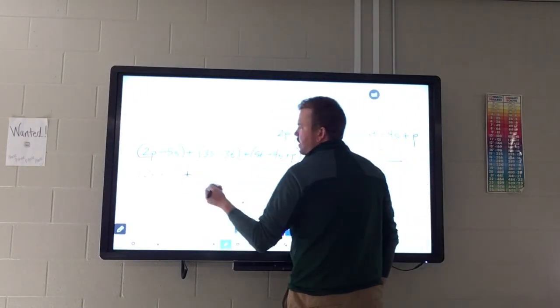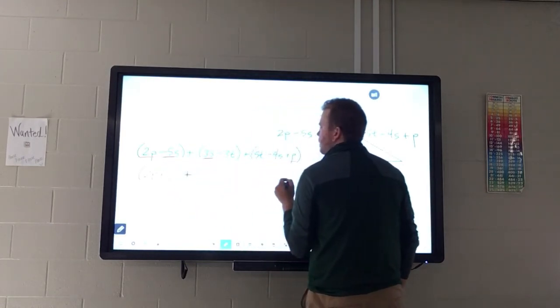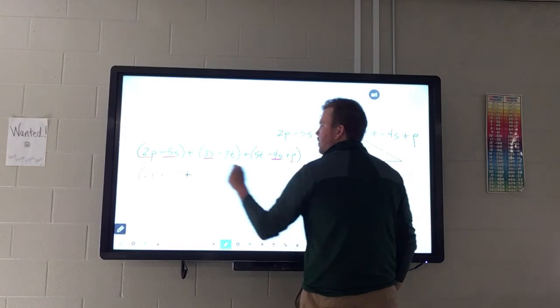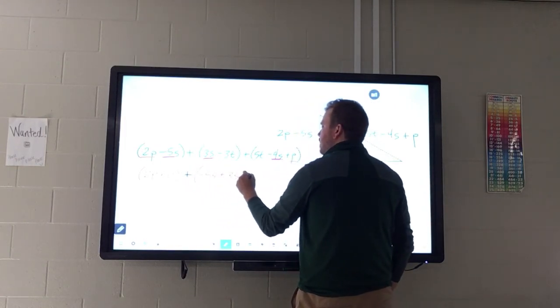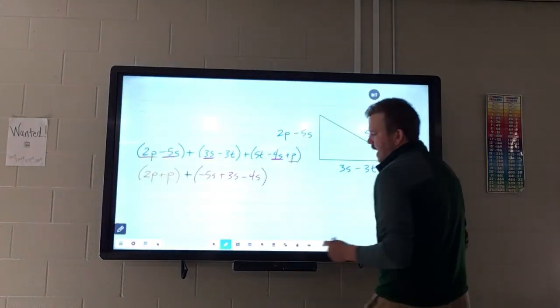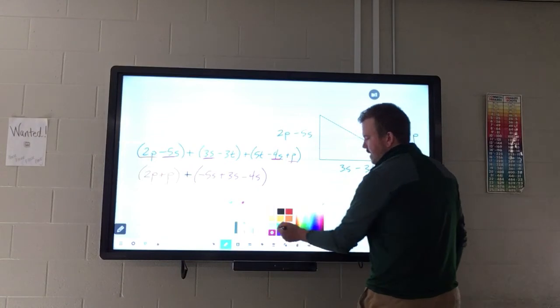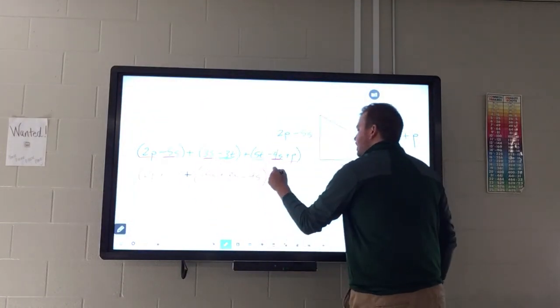Next we'll go with the s terms: negative 5s, 3s, and negative 4s. So we need to combine all those, negative 5s plus 3s minus 4s. And last, my terms that contain t, negative 3t and 5t.